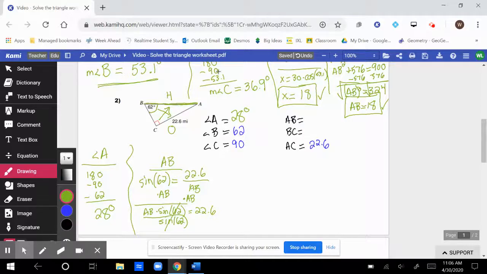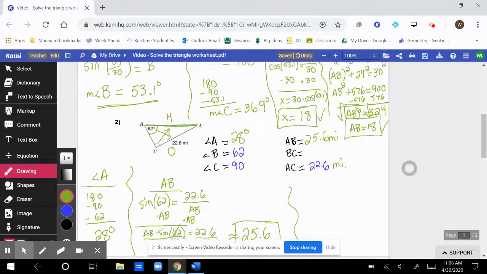So AB equals 22.6 divided by the sine of 62. Now you go to your calculator, type that in just like you see it. Okay, 25.59 rounds to 25.6. Okay, I'm going to put miles because it did have that unit labeled in the picture.